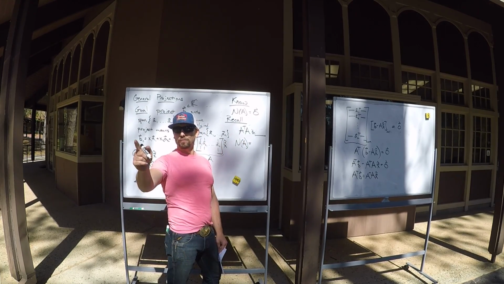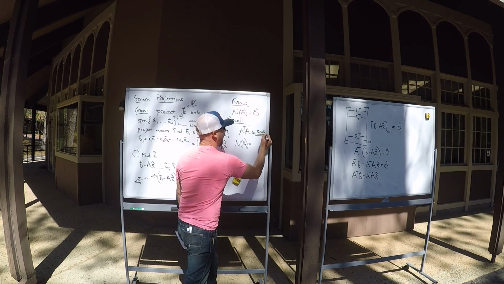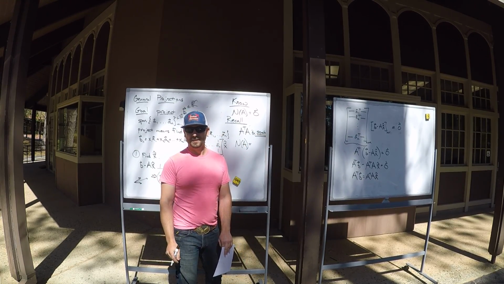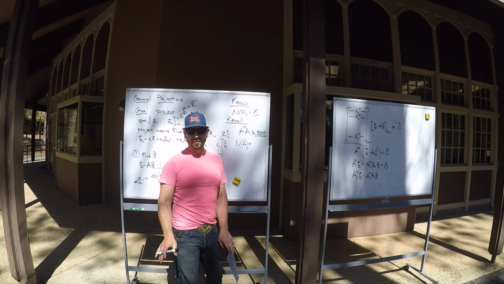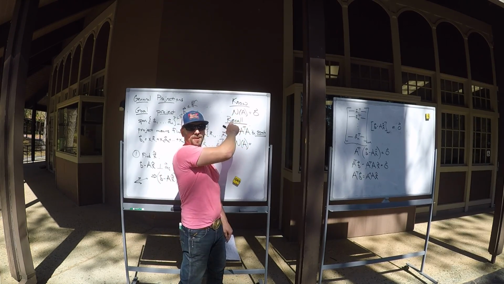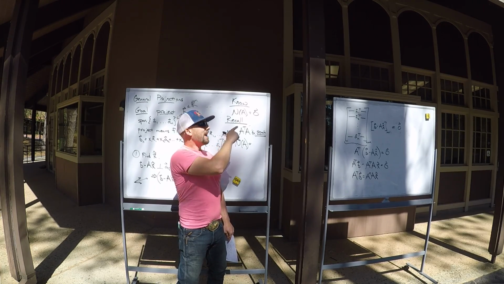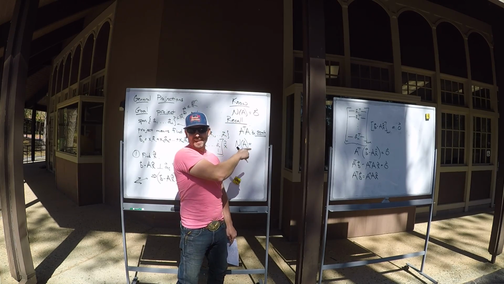Isn't it square? Perfect, that's the easy one. A transpose A is square. That might be helpful, because if I knew that A was square, I would have known that A was invertible. Now I know that A transpose A is square.